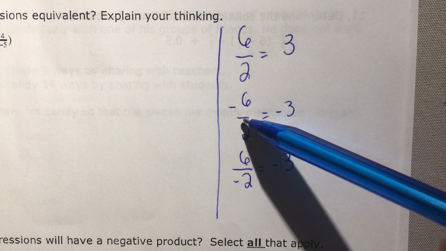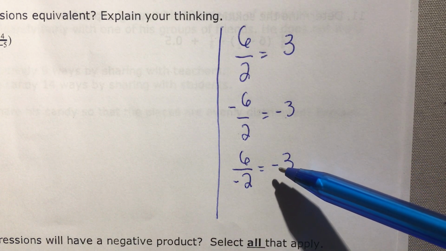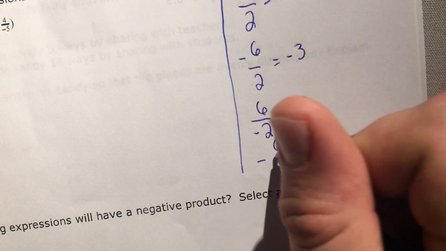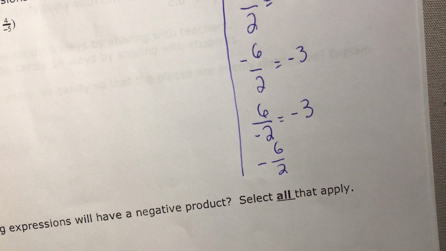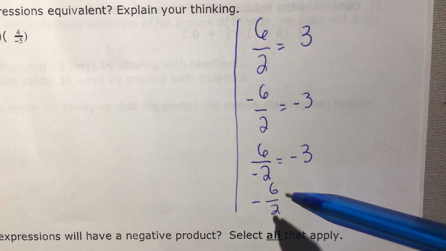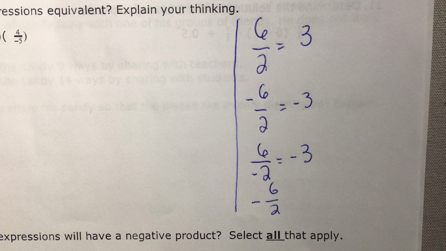So negative 6 divided by 2 is negative 3. 6 divided by negative 2 is negative 3. And if it was just shown as negative 6 over 2, all three of these are the same. Negative 6 over 2, 6 over negative 2, and negative 6 halves. They all mean the same thing.